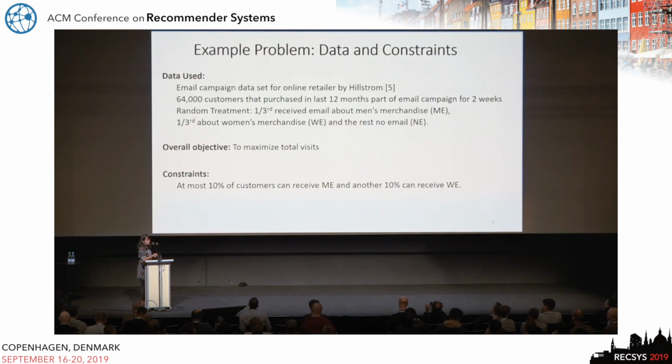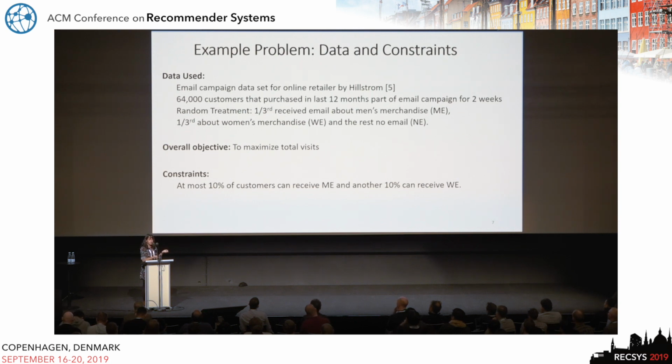To illustrate this problem and use case, we have used an example data set, which is a public data set by Hillstrom, which is in the references of the paper. This data set consists of 64,000 customers who have shopped in the last 12 months. They were part of an email campaign where they received 1 of 3 emails randomly.